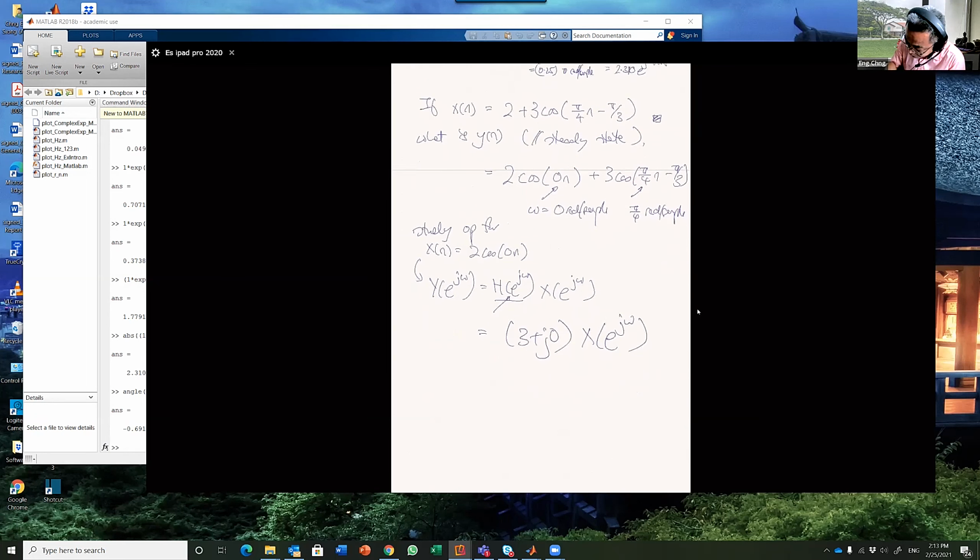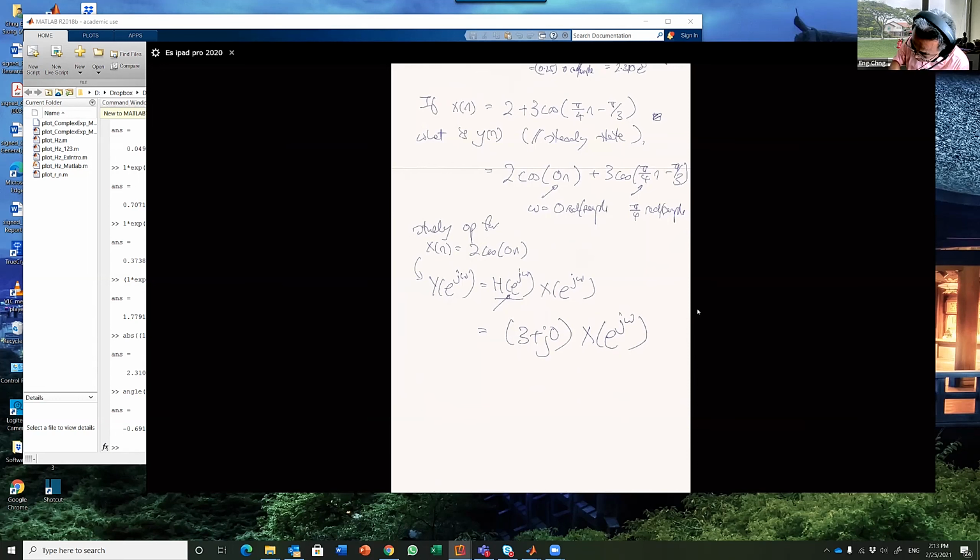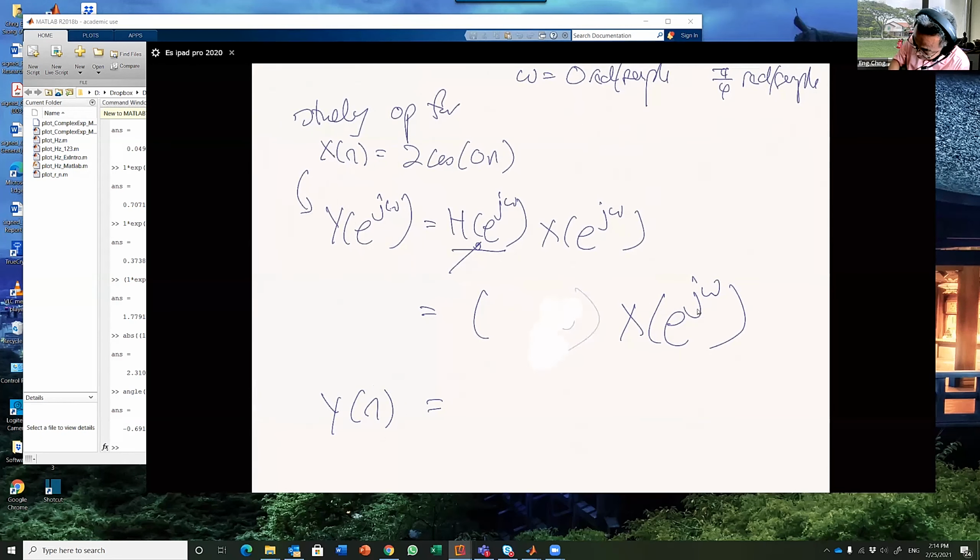Now, if you reach here, the interpretation is clear. Y of n, you should express this not as 3 plus j0, but rather I would prefer you to express this as 3 e^j0, because the magnitude is 3 and the phase is modified by 0.